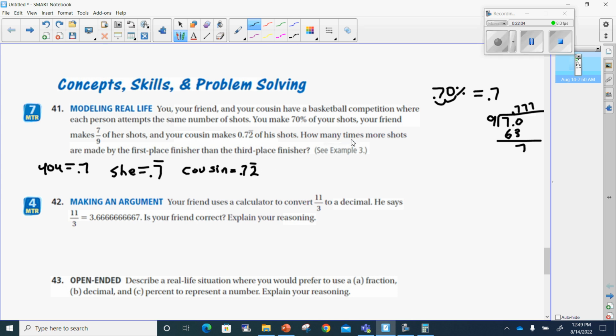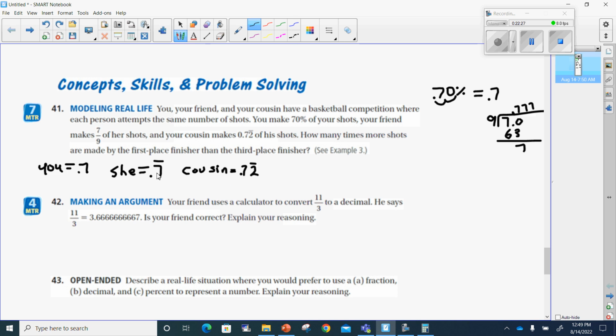Now, it's saying how many more shots are made by the first place finisher than the third? Well, let's see who came in first, second, and third. First place is always got to be the biggest number. Remember, this is 0.7 repeating. This is 0.7777. That will be more than 0.70. And that will be more than 0.72.